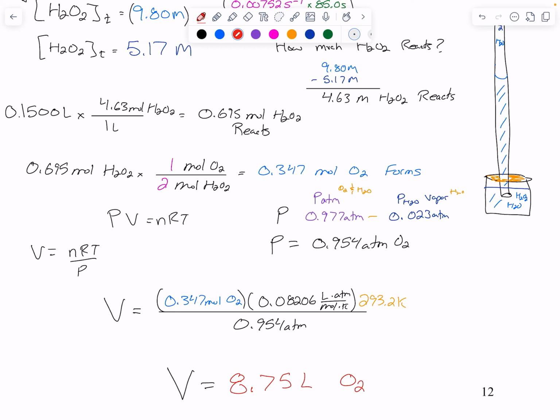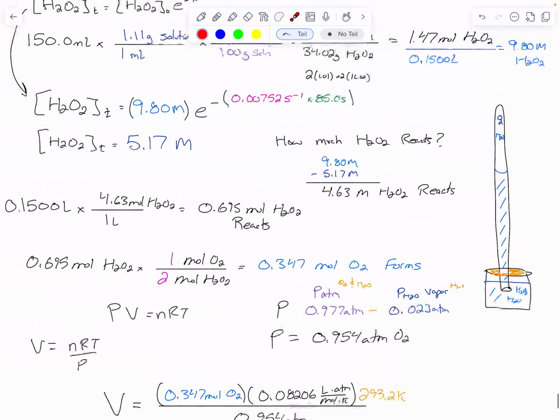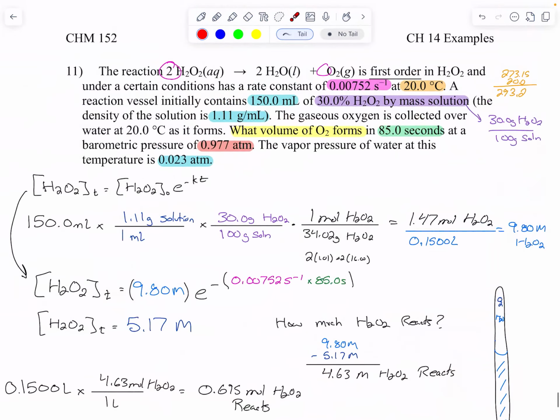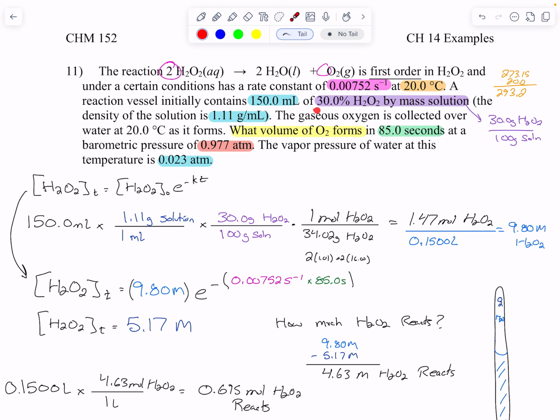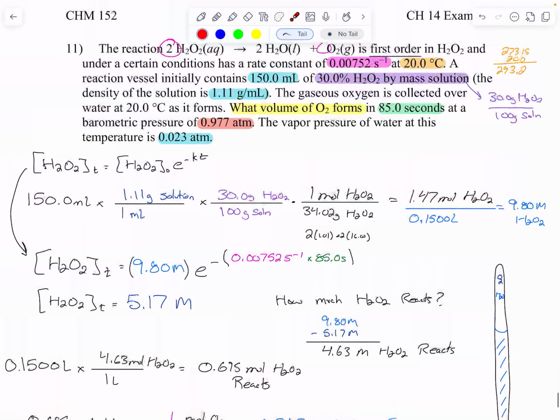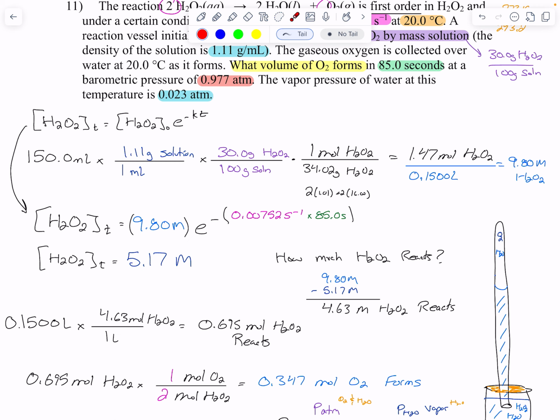Wow. So let's recap real quick. First order kinetics, we had to first figure out the concentration of our hydrogen peroxide, because it's giving you a 30% and a volume. That's how they sell hydrogen peroxide. And since we had the density, we're good. Don't play with 30% hydrogen peroxide. It's very dangerous. Then we used hydrogen peroxide at time t, first order kinetics, to figure out how much is left.